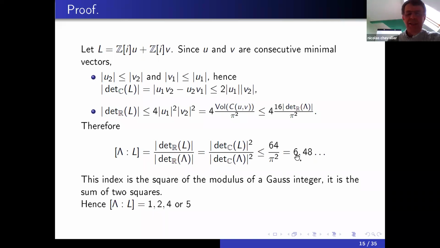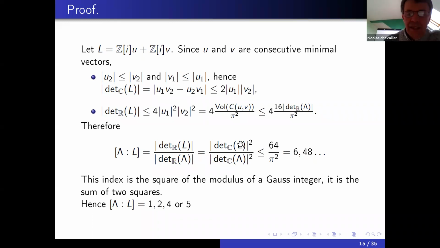And now, since this ratio is the square of the ratio of the moduli of the complex determinants, and this ratio of complex determinants must be a Gaussian integer, because you can compute it just by computing the determinant of a basis of L in a basis of lambda, and it must be a Gaussian integer.